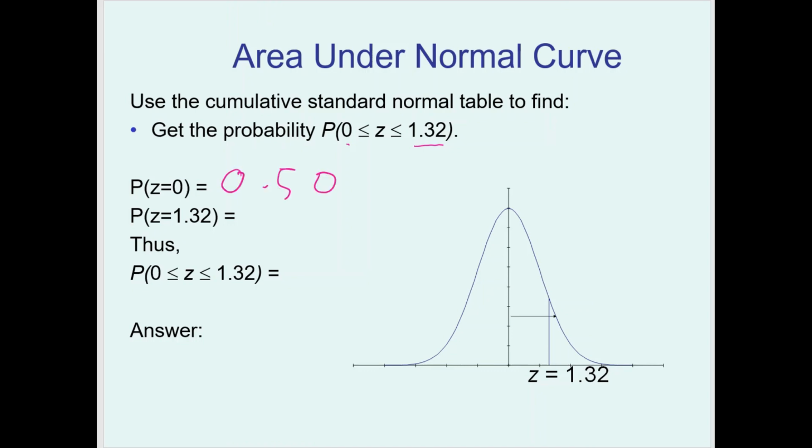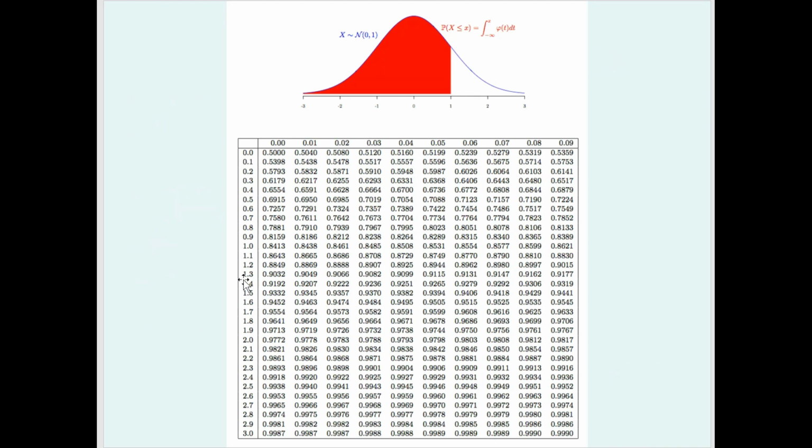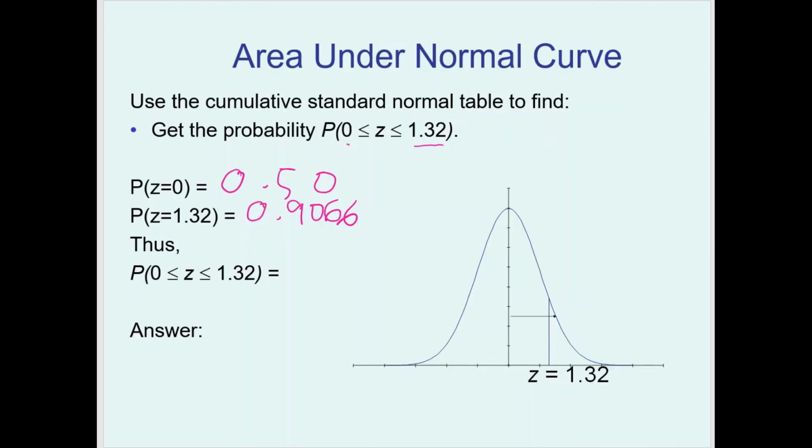And then from the table also, you read 1.32. How do you read it? This is 1.3, then 1.32, with the columns 0, 1, and 2. You get 0.9066. So the probability of z between 0 and 1.32 is 0.9066 minus 0.5.